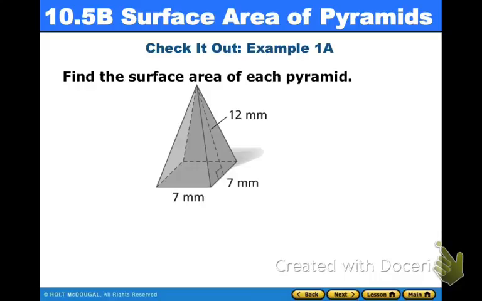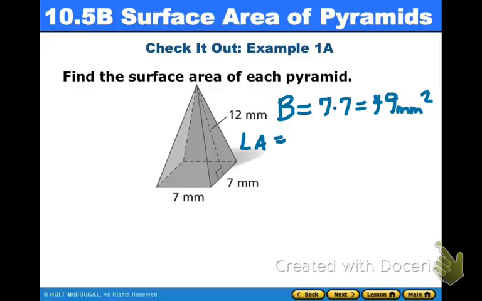Let's try another. In this case, we want to take the area of the base, which is 49 millimeters squared, and then to get that lateral area, we want to take the triangular face right here with a base of 7 and a slant height of 12, right?